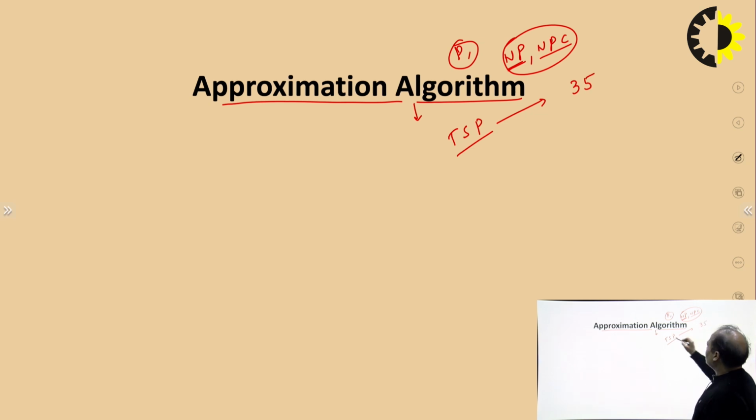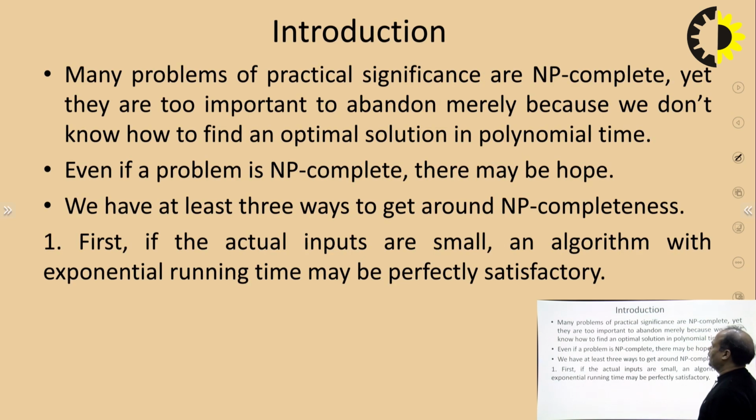But if you are using approximation algorithms, suppose it is going to be 40. So this is better than that, because it is solvable in polynomial time, while the optimal one is solvable only in NP time. So this is the solution to what to do.